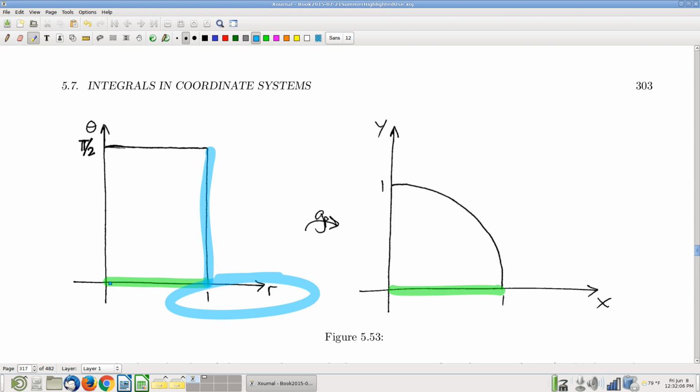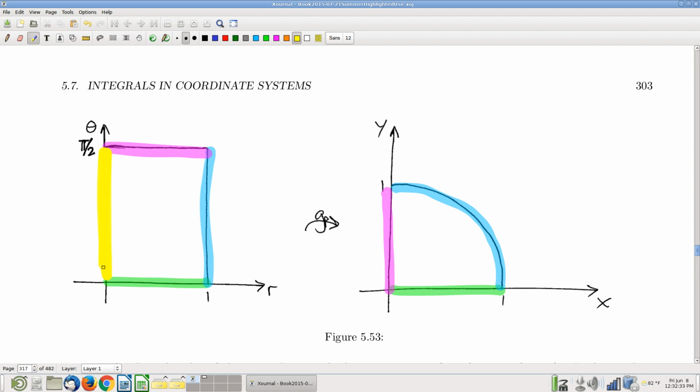Right? r is equal to 1 everywhere on that edge, and theta goes from 0 to pi over 2. That's that edge. Right? We can keep going along. On this edge, theta is equal to pi over 2, and r goes from 0 to 1. That's that edge.